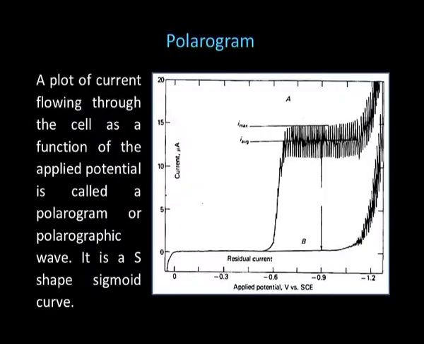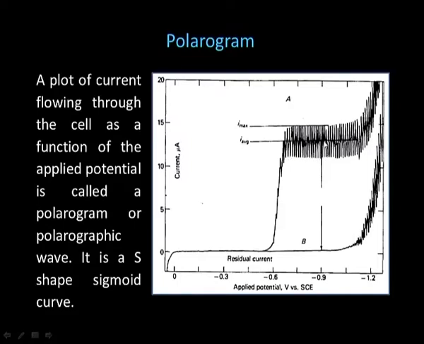When we monitor the change in current with change in potential, the first curve we are considering here is the lower curve B, which is observed when no electroactive species is present in the solution. And if an electroactive species is present, we get a curve similar to A. Here we can call it an S-shape curve. This curve has two important characteristics.